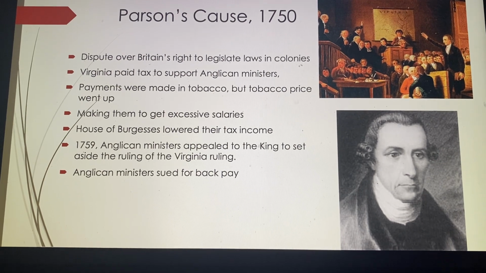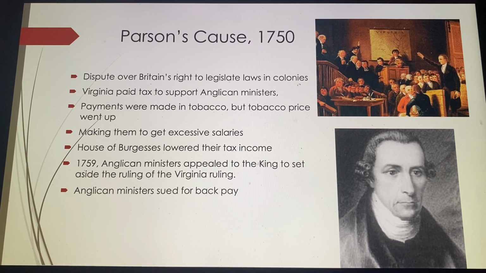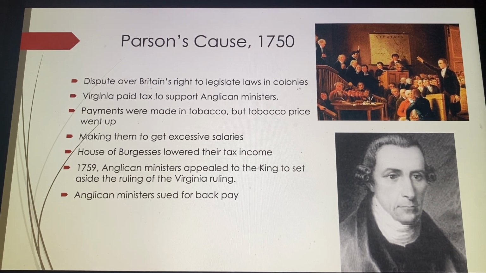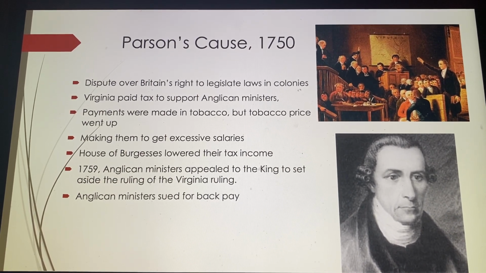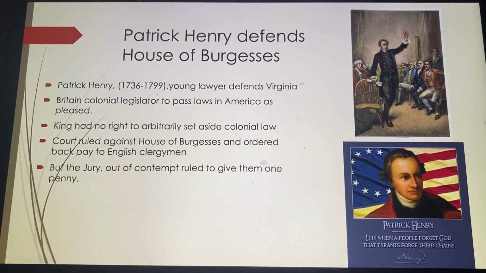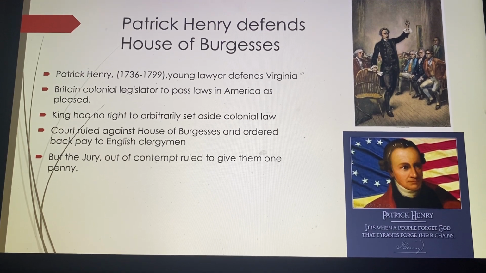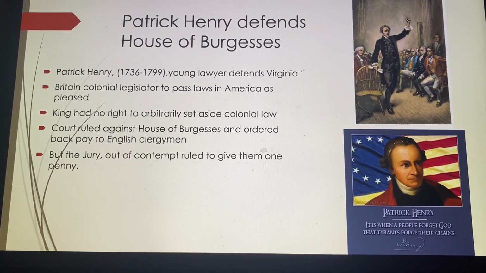So these were Parsons. These were English ministers coming in that wanted to be paid by the Americans' taxes. Surely wouldn't happen today, huh? So that caused much turmoil in America, that England was coming in and setting laws in Virginia.